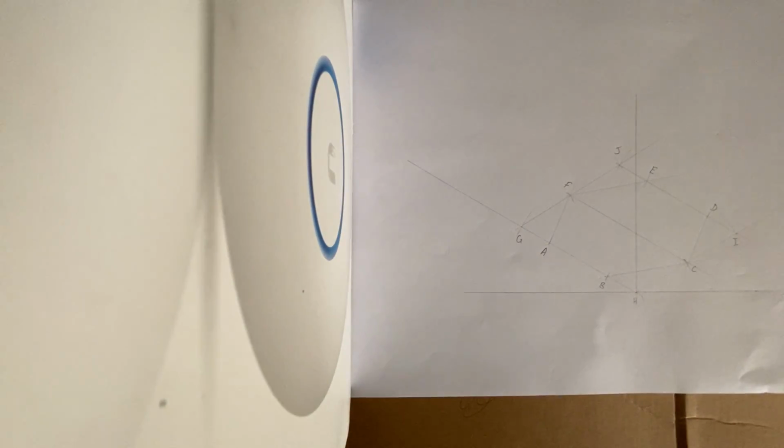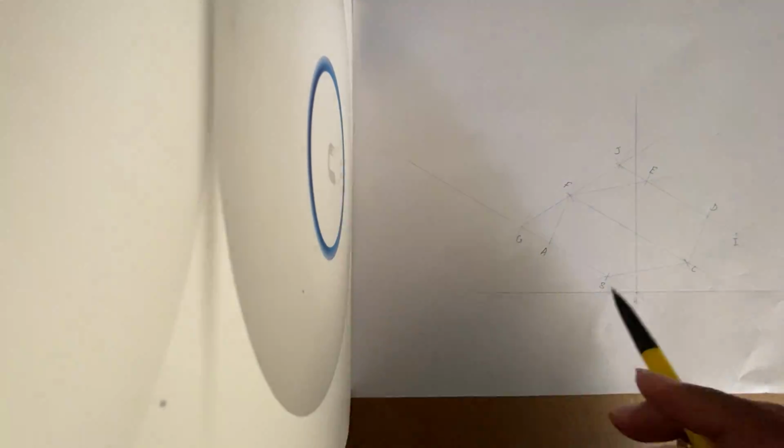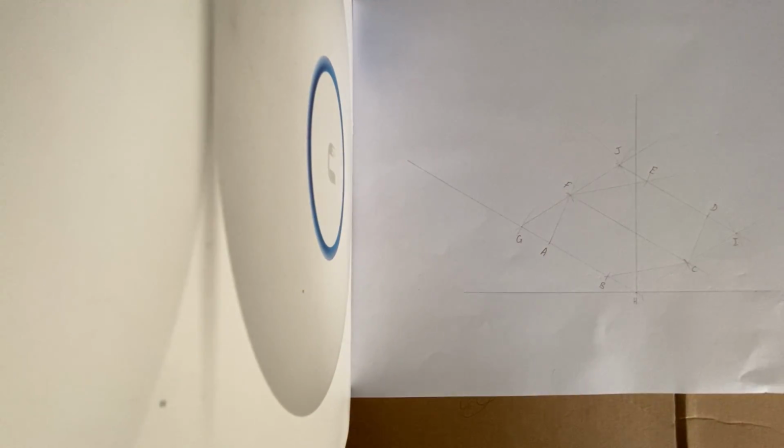So you can see I have my hexagon there on the bottom plane, right? So now all we need to do is find the apex, and once we find the apex, we can join the points of the hexagon to the apex, and the pyramid is finished.